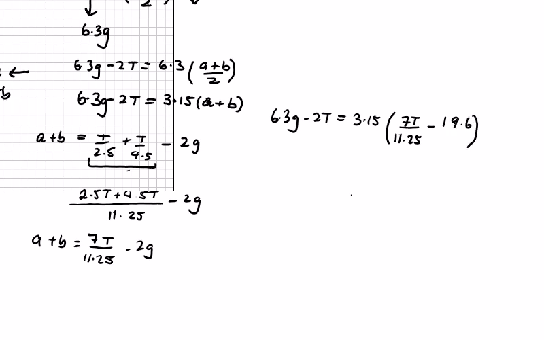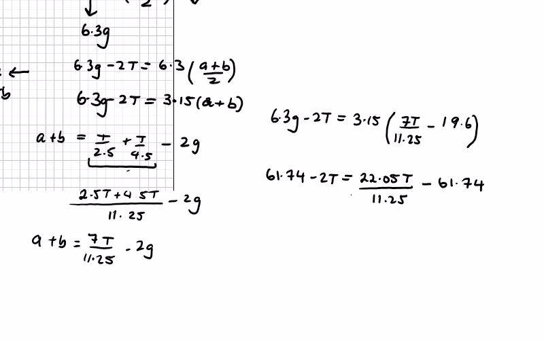So 61.74 minus 2T is equal to 3.15 by 7 is 22.05 T over 11.25. Doesn't work out evenly. And then 3.15 by 19.6 is 61.74 as well.